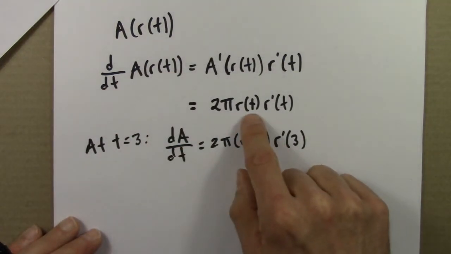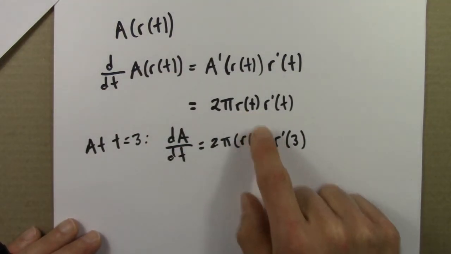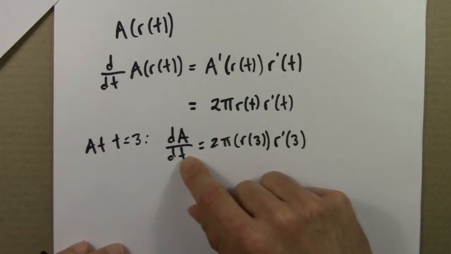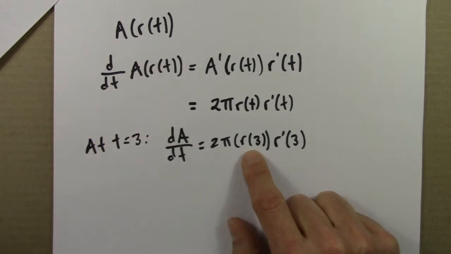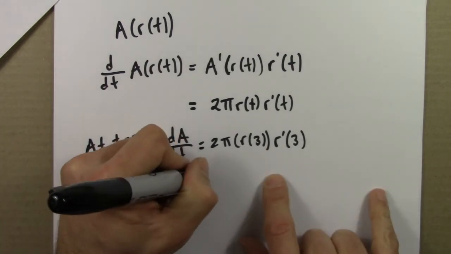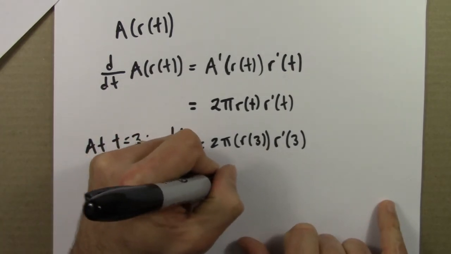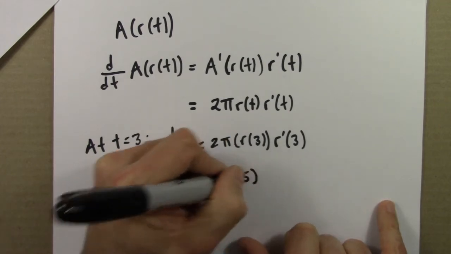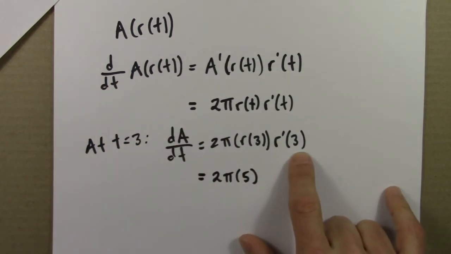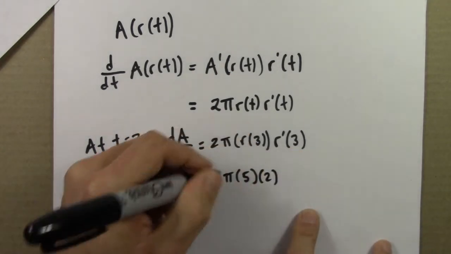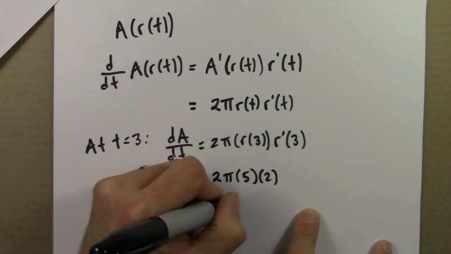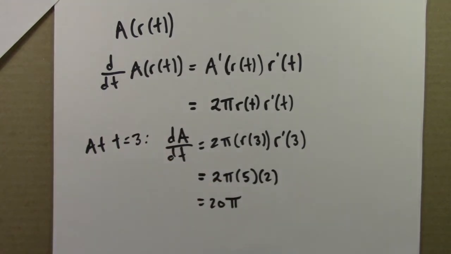So I just plug in time 3 to figure out the rate of change at t equals 3. We're told in the problem that when t equals 3, r is 5. And we're also told, in the problem, that when t equals 3, r prime is 2. So again, we get 20 pi.